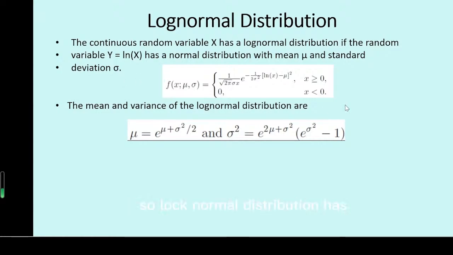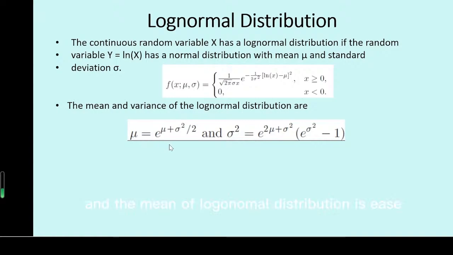The log-normal distribution has a density function quite similar to the normal distribution. The only difference is that there is an x here, and we use log x instead of x as in the normal distribution. The log-normal distribution's variable is only for positive numbers.